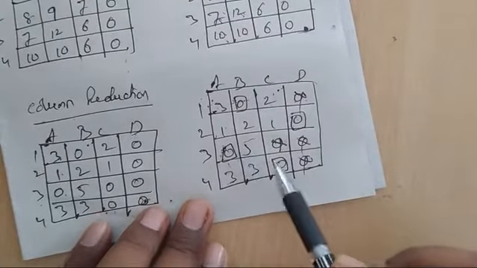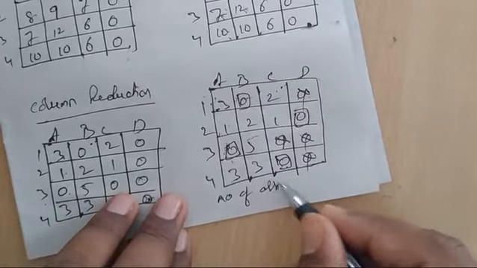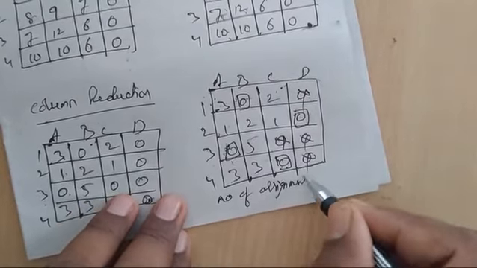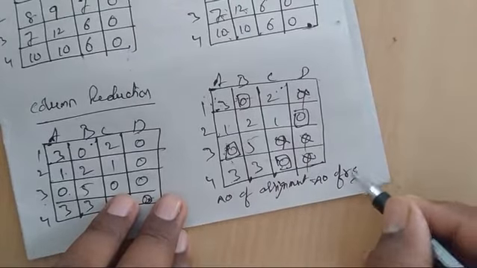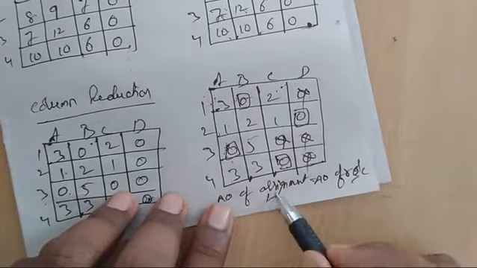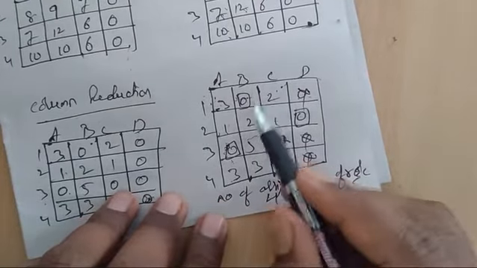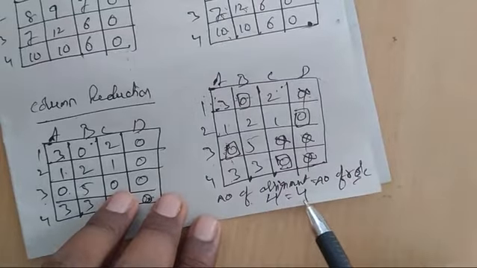1, 2, 3, 4. We compare the number of assignments with the number of rows or columns. Here the number of assignments is 4, and the number of columns or rows is 4. Here we got the equality.